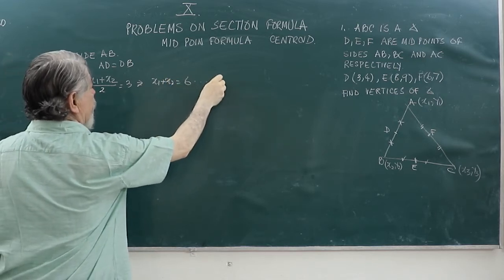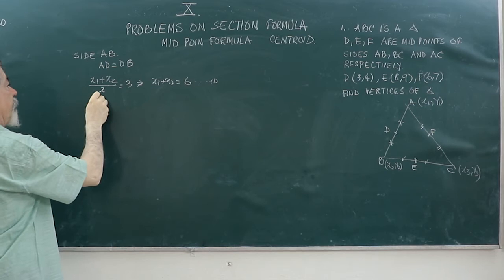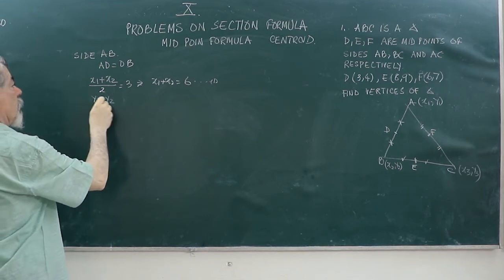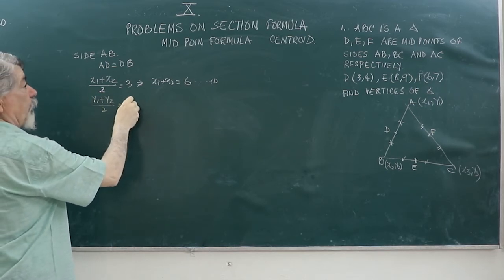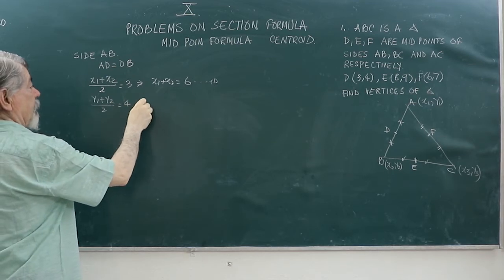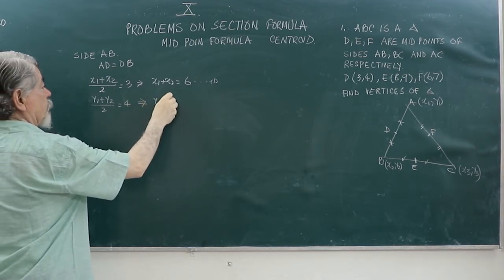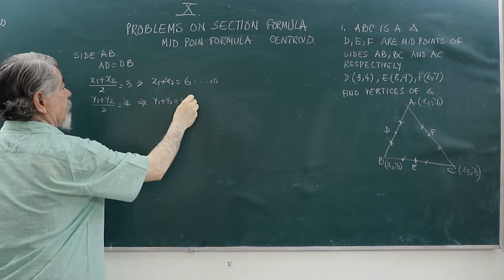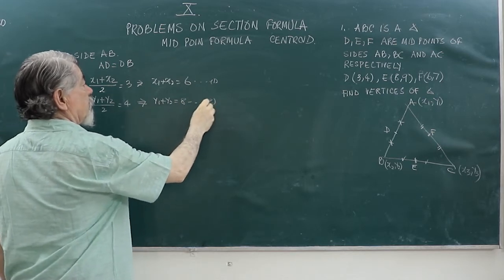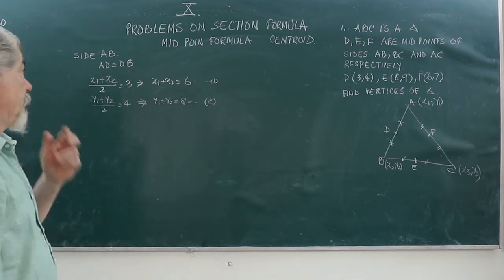That is equation 1. Similarly, (y1 plus y2) upon 2 will be equal to 4, which implies y1 plus y2 is equal to 8. This is equation 2. I have got two equations.